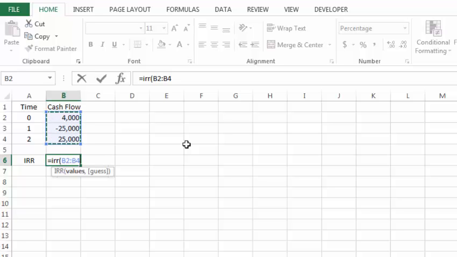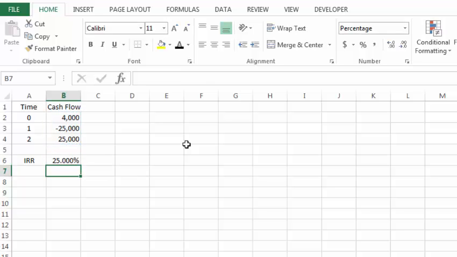Now anything in a square bracket is optional, and if you don't enter a guess, it has a default. In this case, I think the default's 0. So I'm going to just, in this instance, put my closing parenthesis on and hit enter, and notice it tells me 25%. And extra decimal points are pointing out, by the way, that that's not rounded, it's really 25% even.